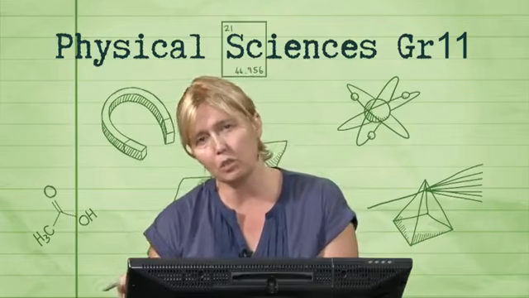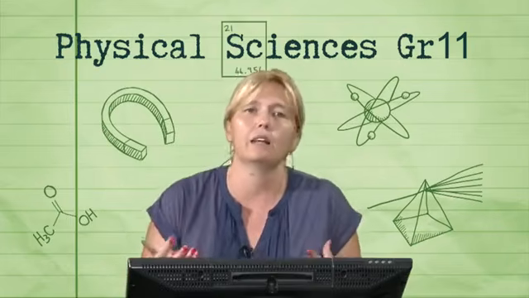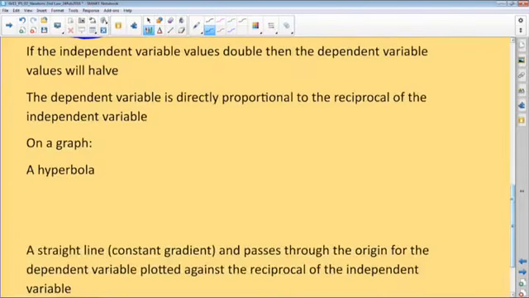So now, what does this mean? What does inversely proportional or what does directly proportional mean? What does it mean to us as scientists in the laboratory? Let's have a look. I'll give you an example here. If the independent variable doubles, okay, so doubles, then the dependent variable values will halve.